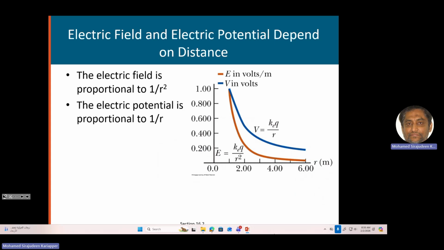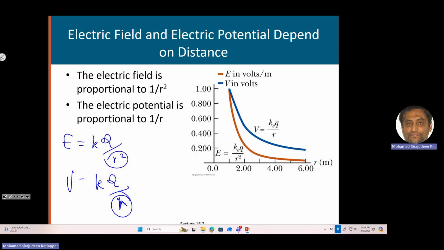You know that the electric field, on the other hand, for a point charge is given by this equation. And the potential is given by this equation. What's the difference? Electric field goes as 1 over r squared. Electric potential goes as 1 over r to the power 1. That's the difference.